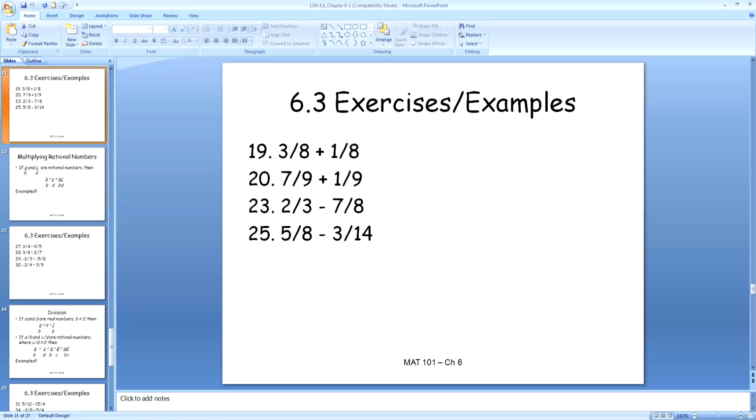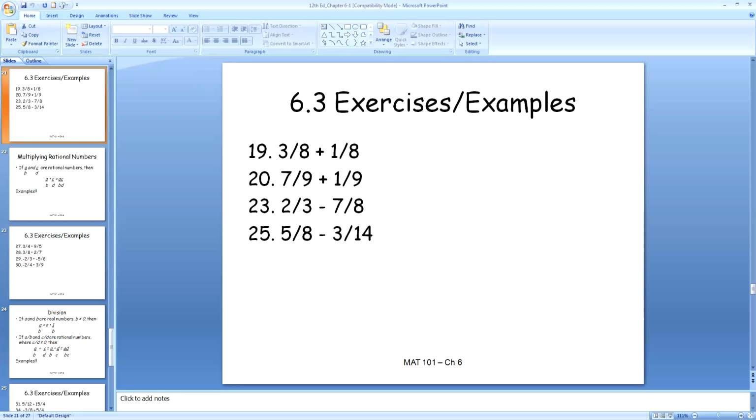So let's look at some exercises here. Exercise number 19 in this section. Perform the indicated operations and express answers in lowest terms.